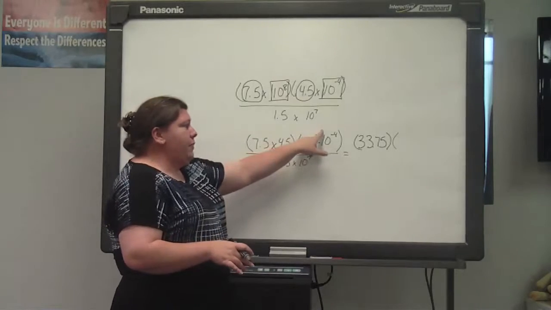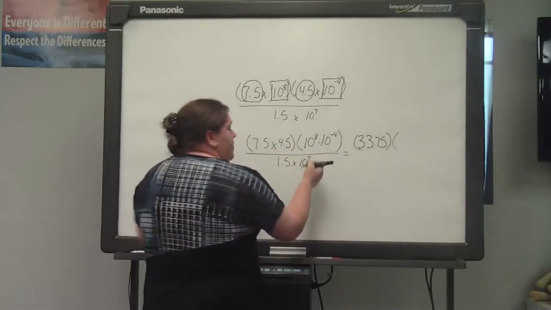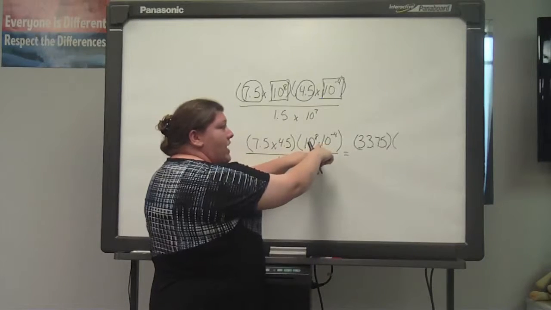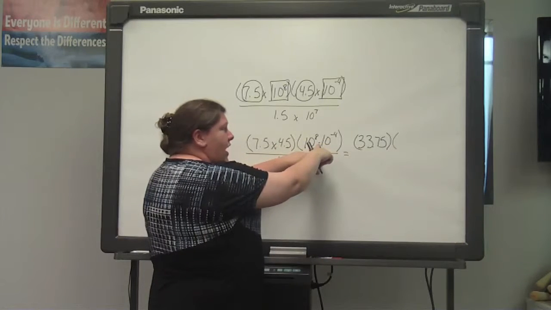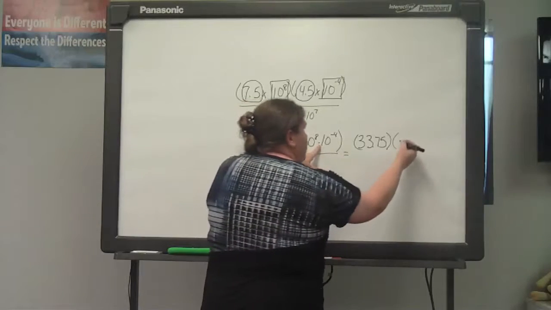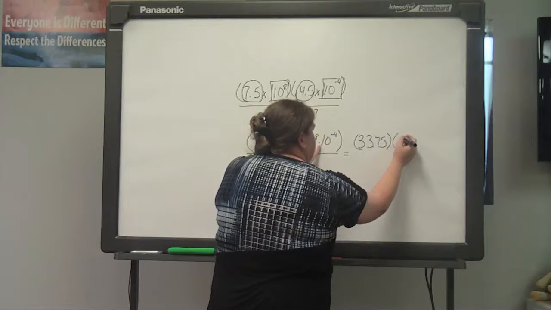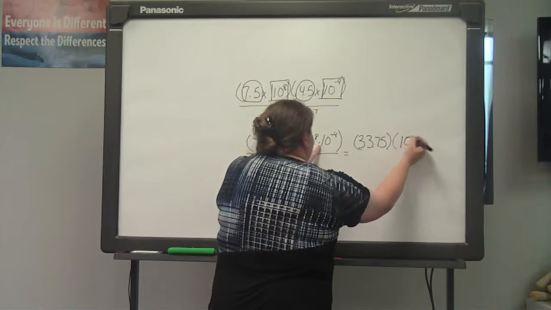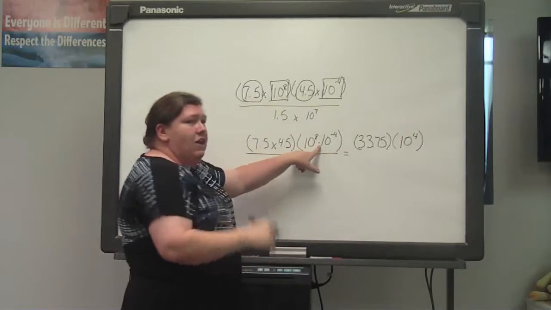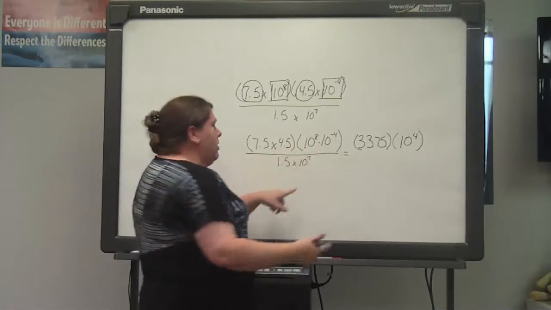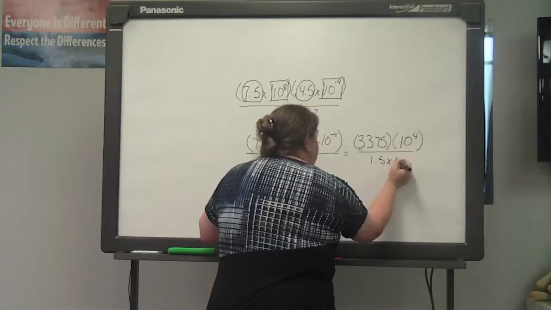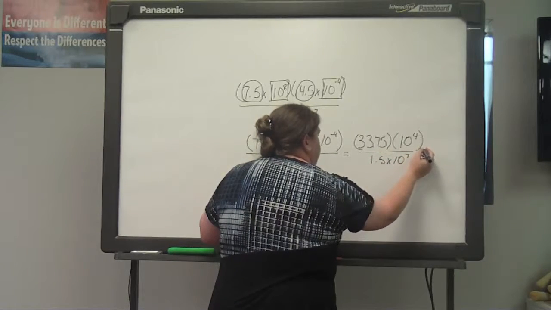Or you can leave it up here, because we know that when they're side by side separated by a multiplication symbol, we add them together. For that reason, if I add them, instead of moving first, this gives me 10 to the 4th power. So right now I have a positive exponent. Then I'm going to leave this as 1.5 times 10 to the 7th.